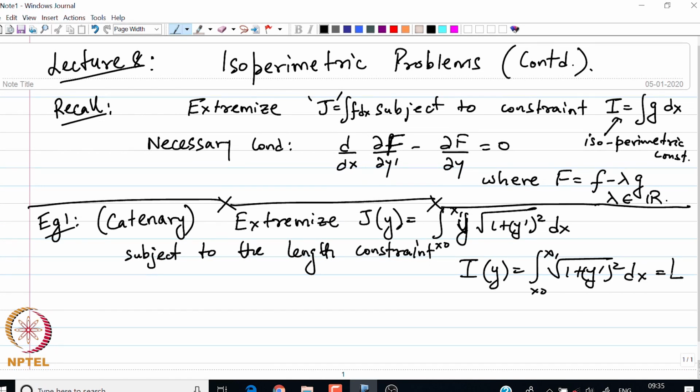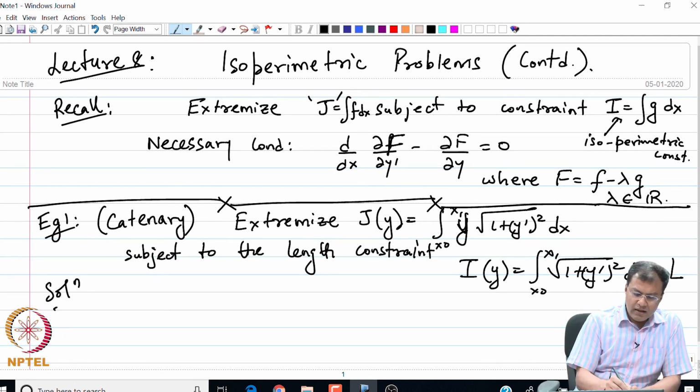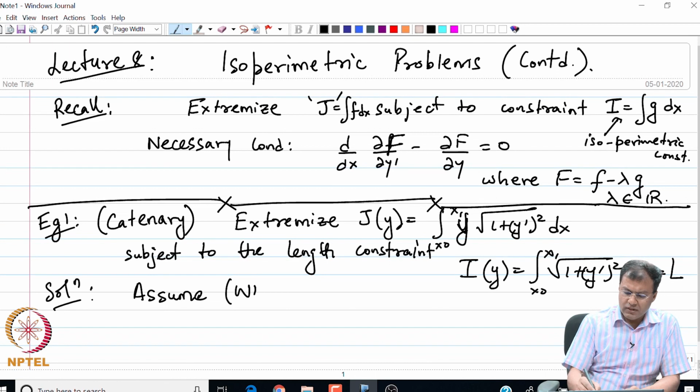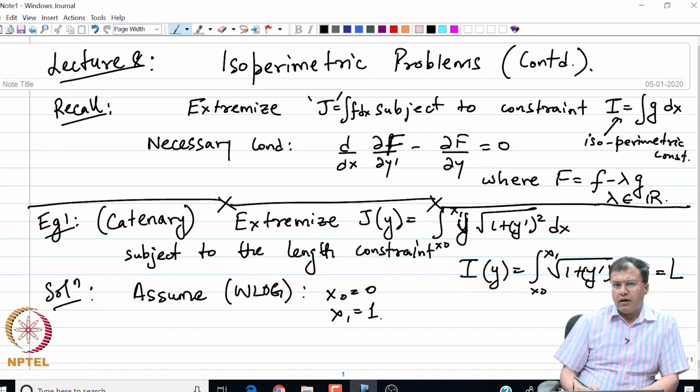So then, to find the extremal, let us assume, although this assumption is not necessary in the general case, but we are trying to simplify the problem, without loss of generality that my x0 is 0 and my x1 is 1. So my total domain length along the x axis is 1.